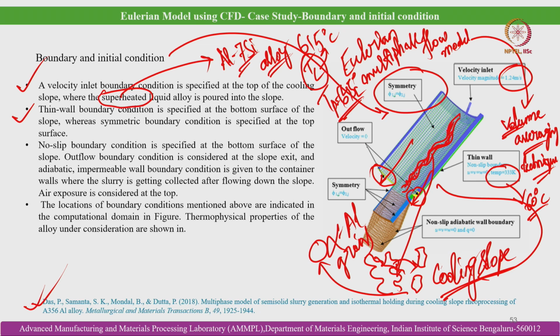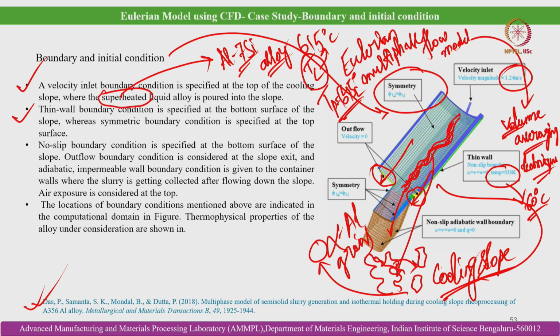So, it is exiting the slope, and it is getting transported into an isothermal collector or isothermal holding component, you can say, container, you can say. Okay. So, these are the locations where basically no fluid is going out, except the air which is defining an interface, because it is being done under ambient condition.